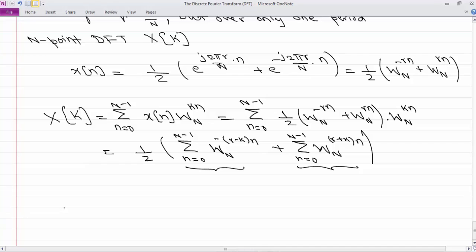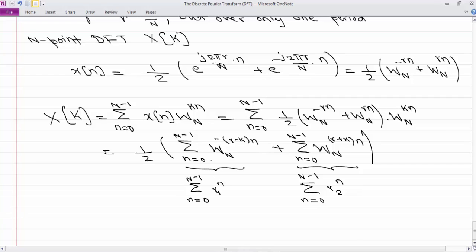And this is again the same thing that we did earlier. This is effectively in the form of the sum n from 0 to N minus 1 of r to the n. So let's call it r1 to the n, and this is in the form of the sum n from 0 to N minus 1 of r2 to the n.